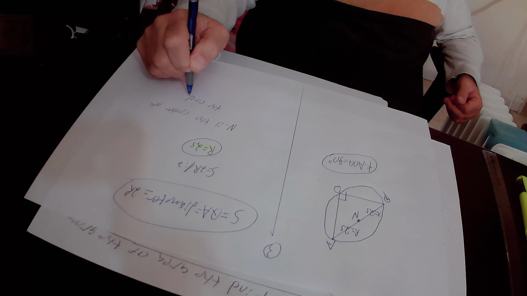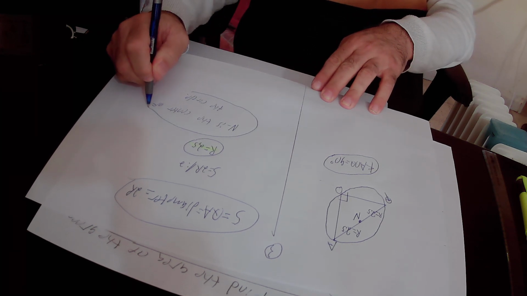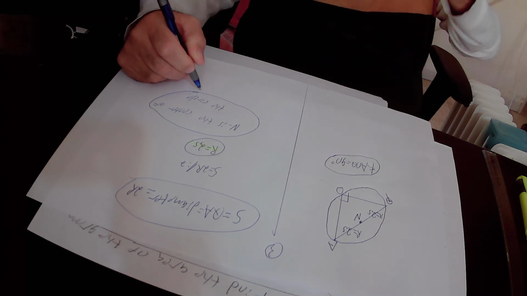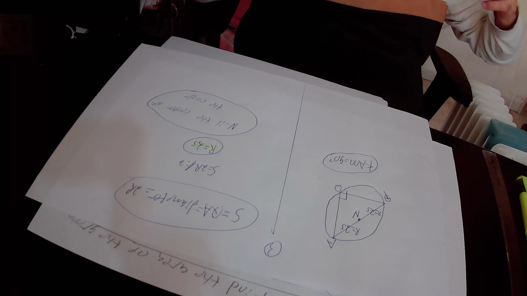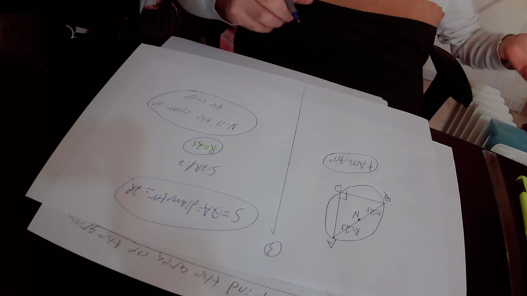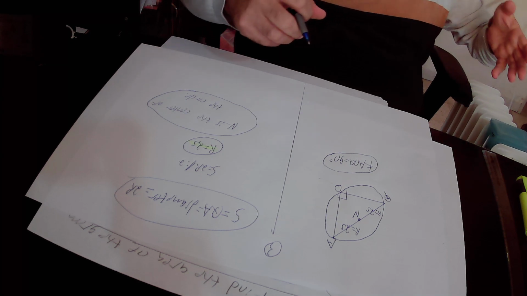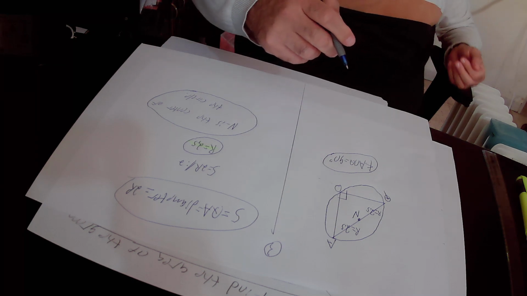Another reason that point N is the center of the circle is that the center of any circle is located at the point where the two radii touch each other.